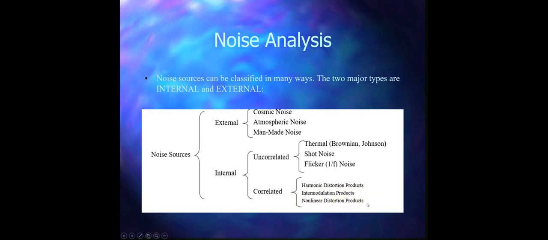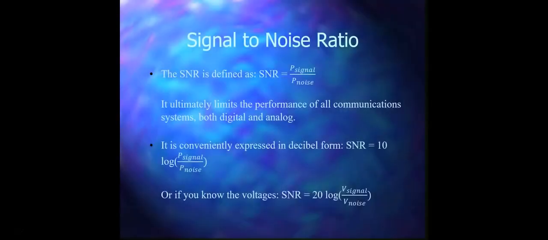Now I'll move on to the next slide. This slide explains signal to noise ratio, and it is given by the formula SNR equals P signal by P noise. It says it ultimately limits the performance of all communication systems, both digital and analog, and it is conveniently expressed in decibel form by the formula SNR equals 10 log P signal by P noise.